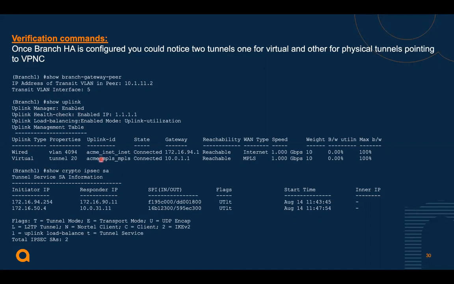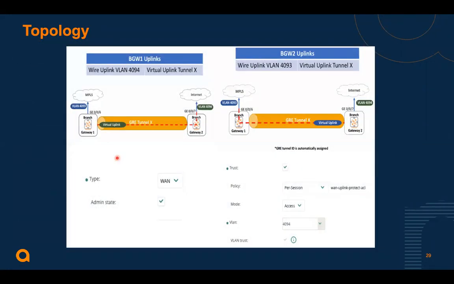When you do a show uplink, you will see this. What it basically does is, if this particular MPLS connection for branch gateway 1 goes off, the user traffic which is on the downlink can be forwarded through the virtual uplink towards the other branch gateway, and this would use the internet, and all the traffic could be routed for the downlink users on branch gateway 1 using the internet access that is there on branch gateway 2.